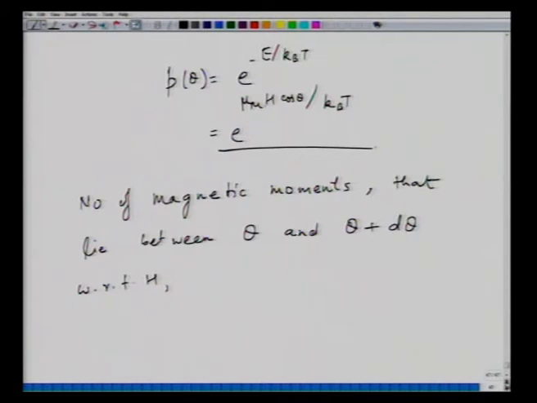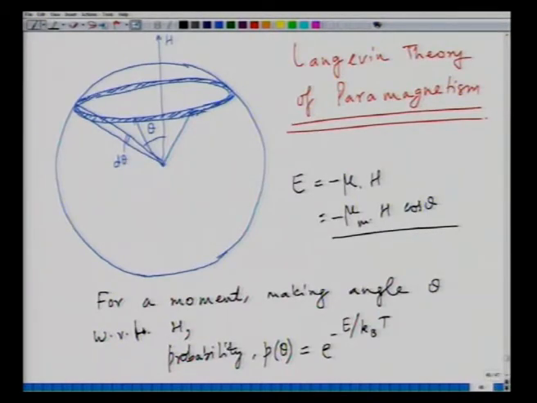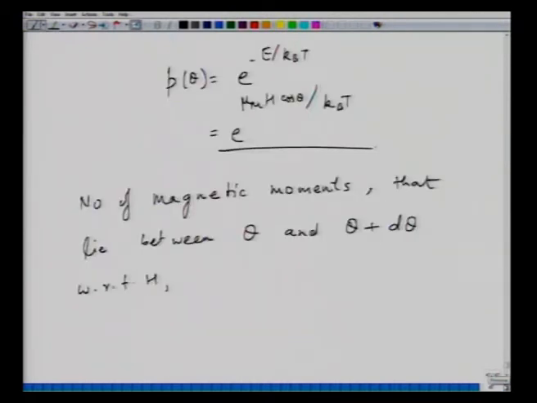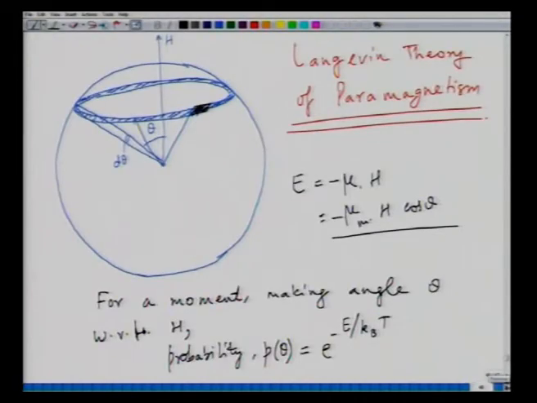If you go to the previous picture, you basically take this fractional surface. You can choose any fractional surface area, and these numbers are proportional to the fractional surface area. Of course, if you want to take the whole ring, you need to integrate it. So this fractional surface area dA, as shown in this picture, is dA. Again you can say that this is theta and this is d theta. This makes it clearer.